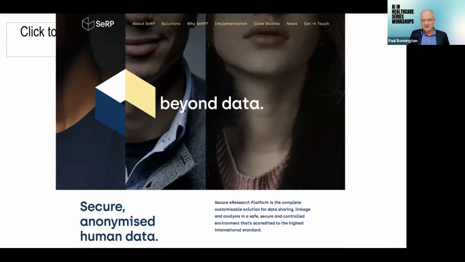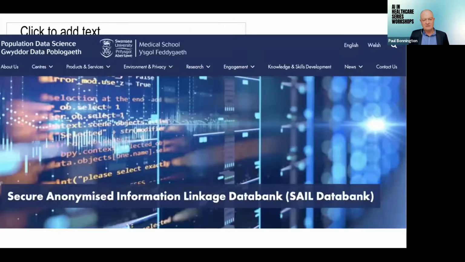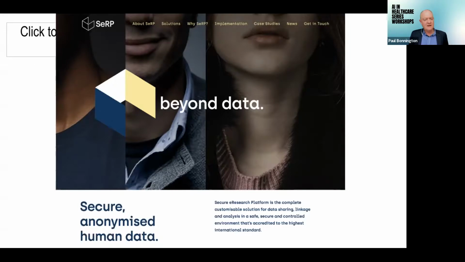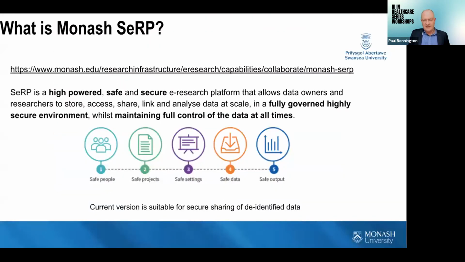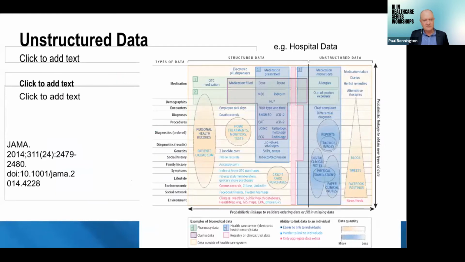In the UK context of this system, there's already 500 data sharing partners involved, and it was driven by the health sector within Wales in the original case. So we've deployed that here at Monash, and we're now using that to build out data which is high-powered, safe and secure. Now, what's another piece of this?